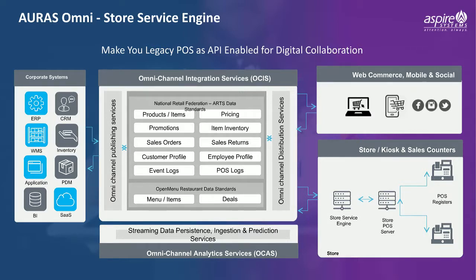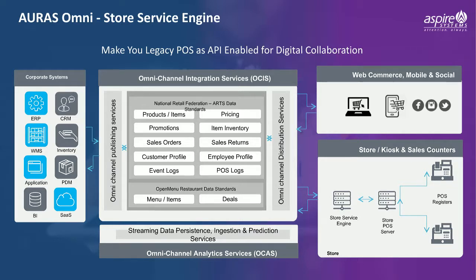Let's take a business scenario where you have thousands of stores, and some of the stores may be in remote locations and, due to technical challenges, may not be available online. They may not be connected online. With the help of the store service engine, where the heartbeat is coming out, we can detect that those stores are not available.